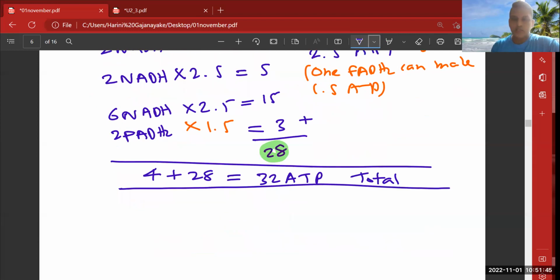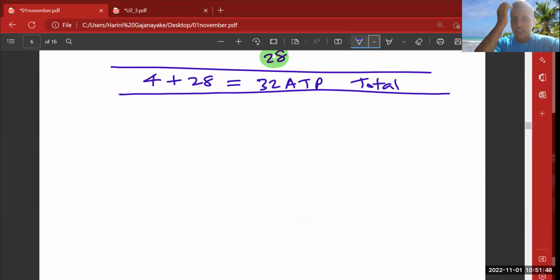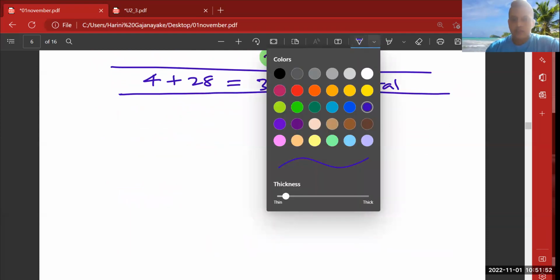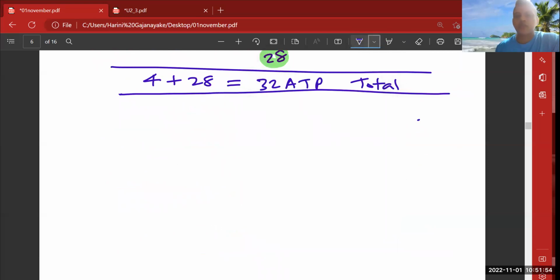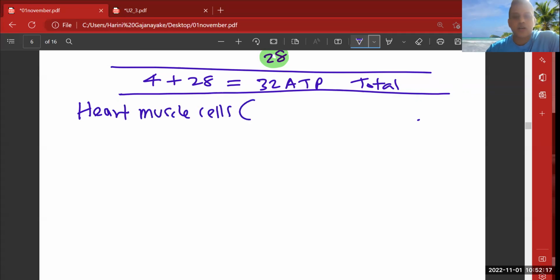There is a small thing to add here. This 32 ATP is not actually the total ATP produced by all cells. This is only possible for cells like heart muscle cells. The heart is made out of muscles; those muscle cells are called cardiac muscle.